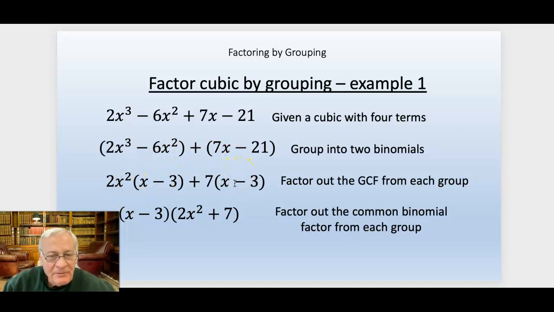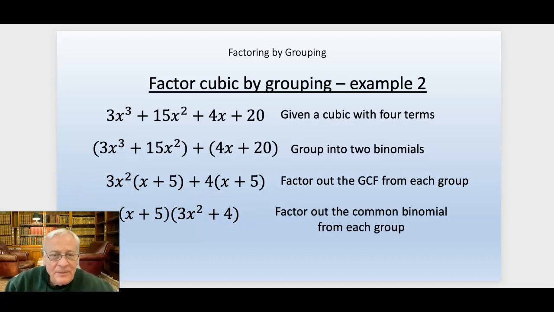I can take that common factor out and put it in front. You can put it in back too if you want; it doesn't matter. So the two terms that are left are 2x squared plus 7. That's factored by grouping.